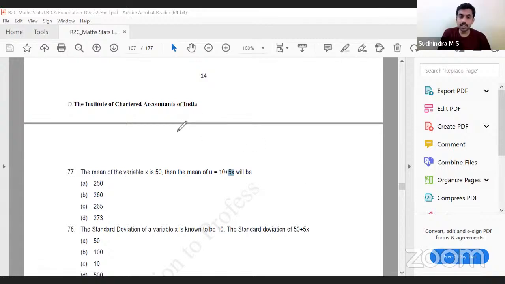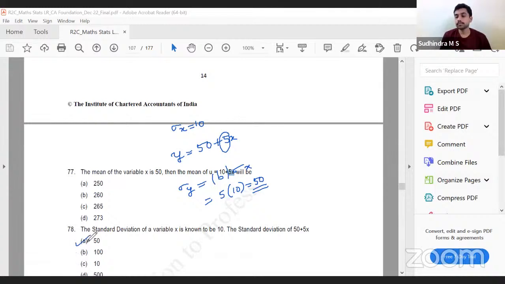They have given us standard deviation of x as 10, and y is equal to 50 plus 5x. We know standard deviation of y is modulus of b into standard deviation of x. Modulus of b is 5, into standard deviation of x is 10. 5 into 10, 50. Simple.